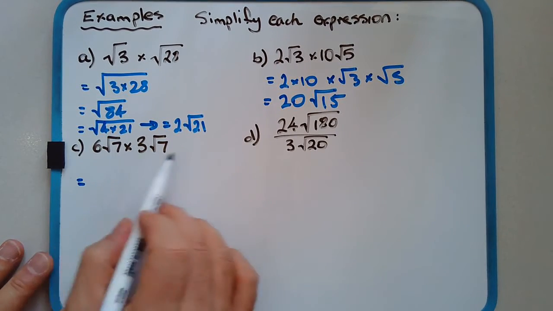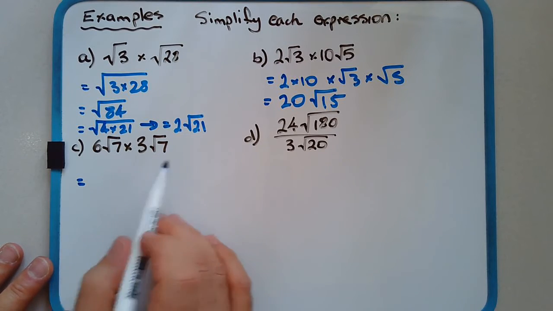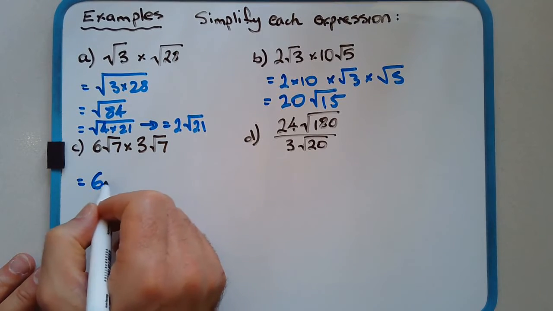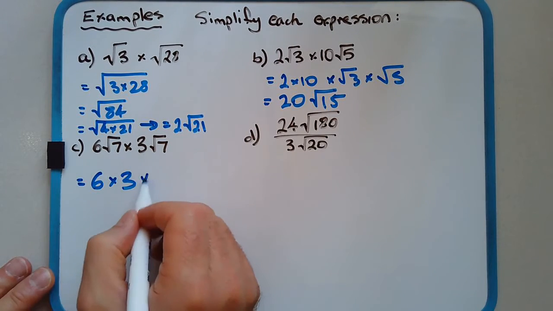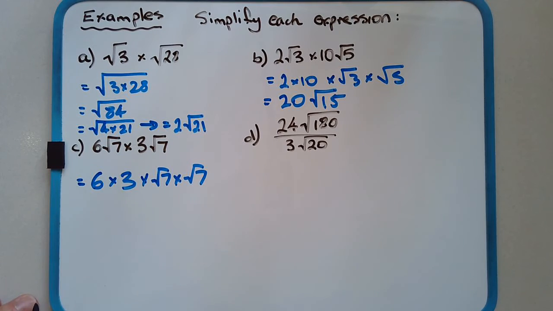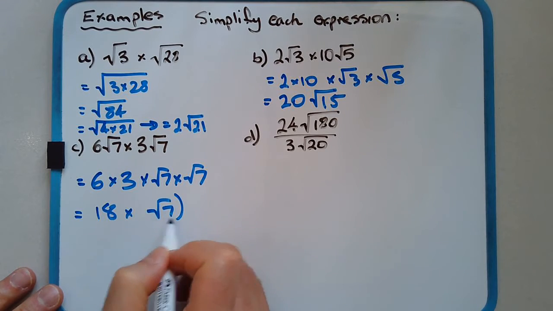Now, we looked at a rule before where if you multiply a surd to itself, the surd basically disappears. So let's do this one again the same way we did part B. So 6 times 3 times root 7 times root 7. So just changing the order of the product terms around. And that's 18 times, that's root 7 squared, isn't it?